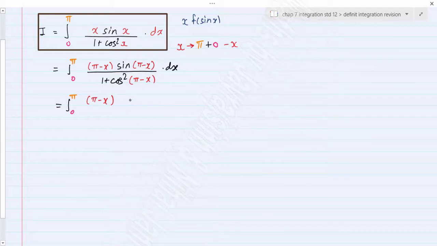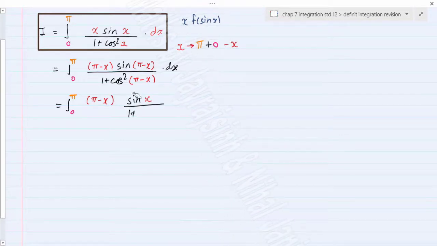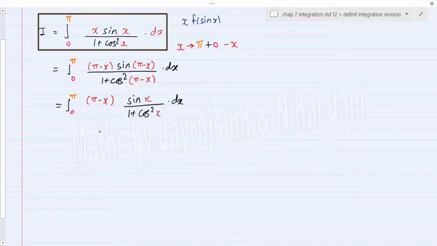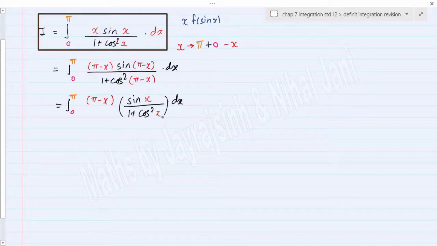Sin of pi minus x is nothing but sin x, upon 1 plus cos of pi minus x, which is minus cos x, but the square of it will give us cos square x, dx.